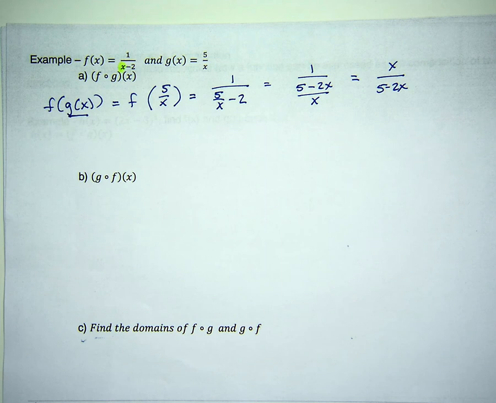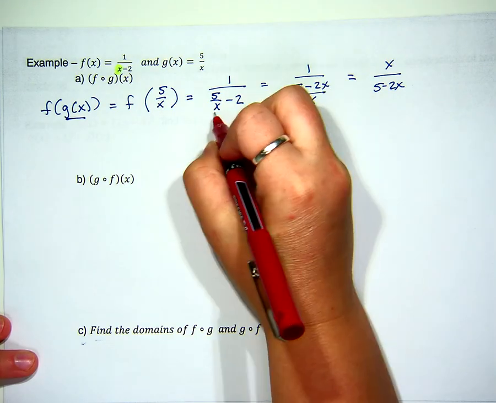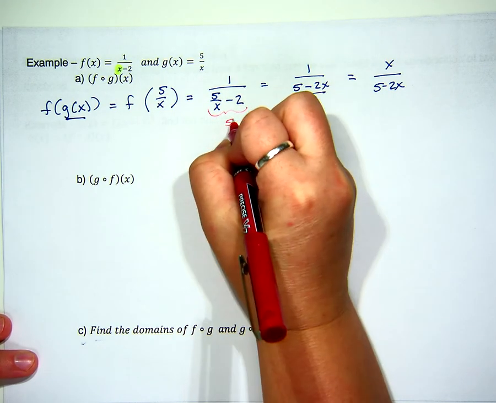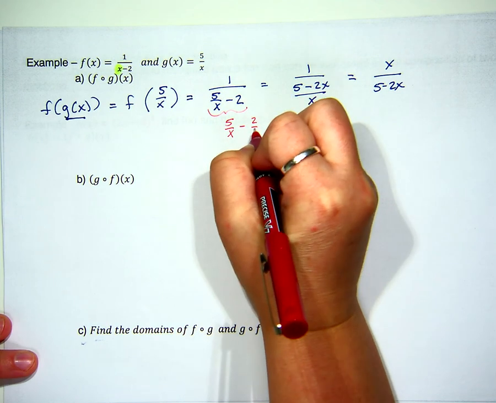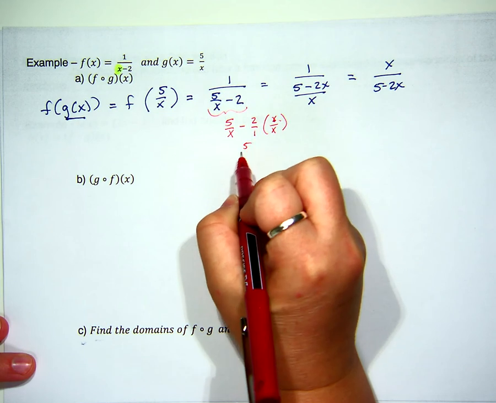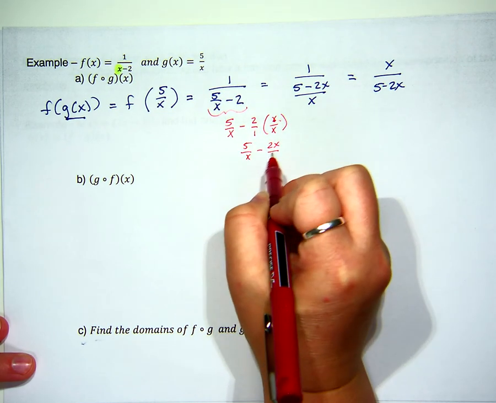Okay, again, let me write you a note here in case you don't remember. This idea needs a common denominator. 5 over x minus 2 over 1, common denominator between 1 and x is an x. So if I have 2x, that's 2 times x over x.